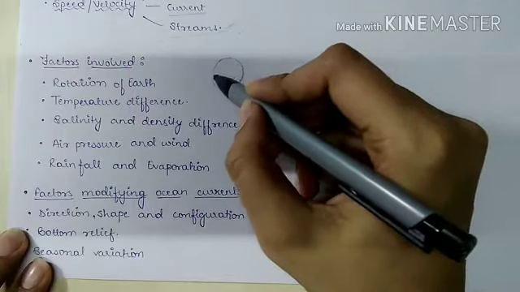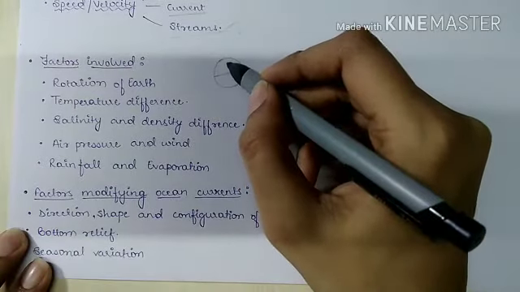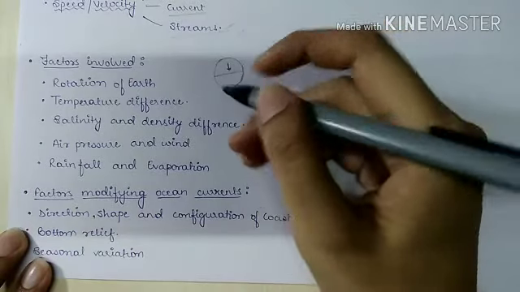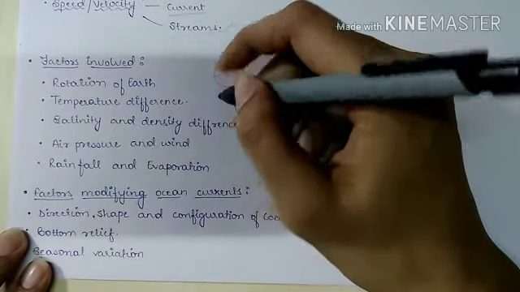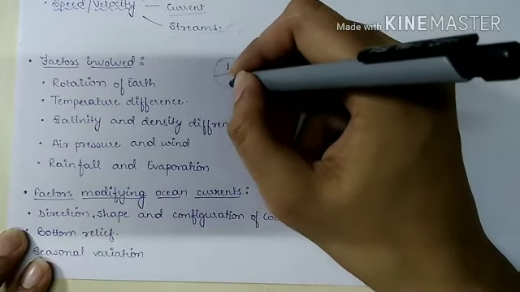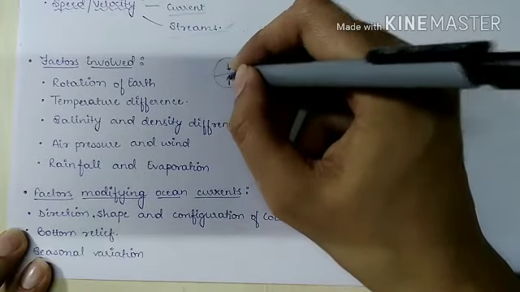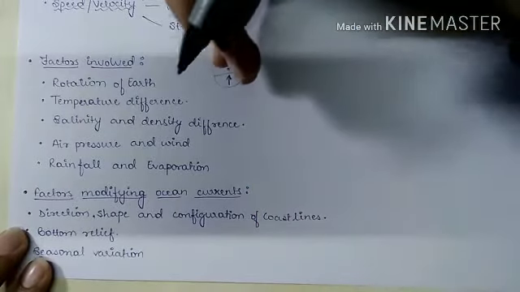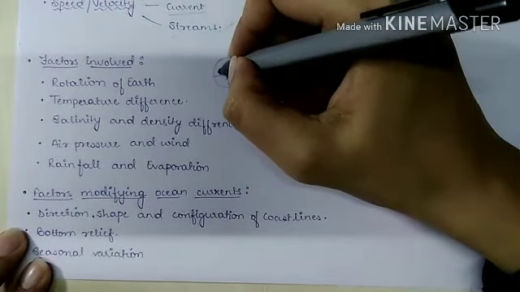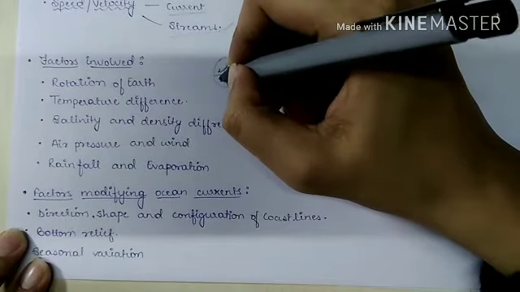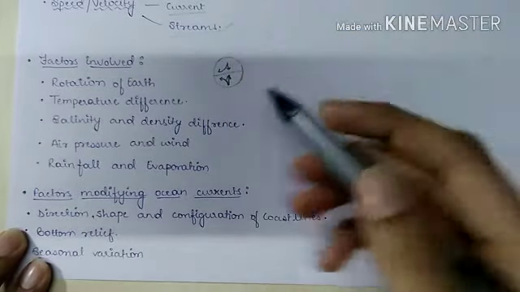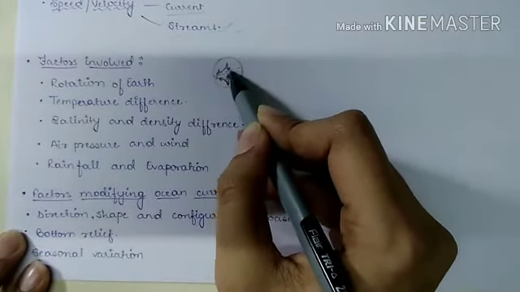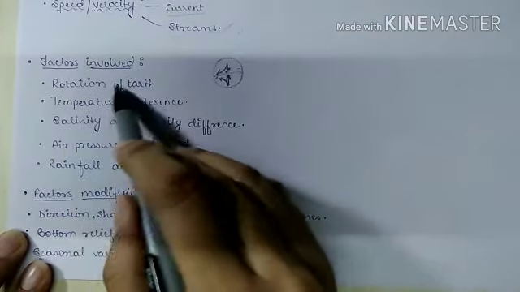As we have seen, in the northern hemisphere the water will deflect towards its right hand side, and in the southern hemisphere the water will deflect towards its left hand side. This will form an equatorial current on the equator.